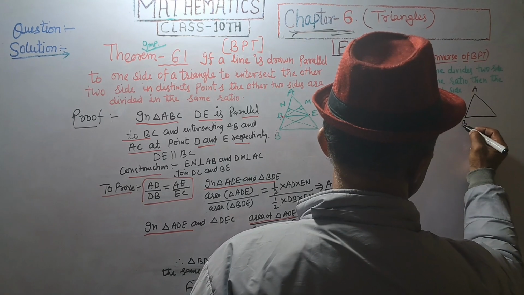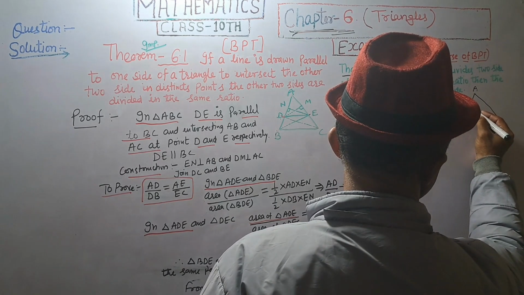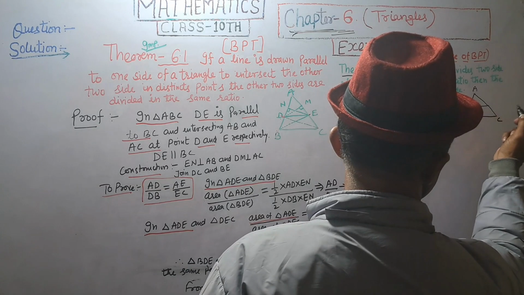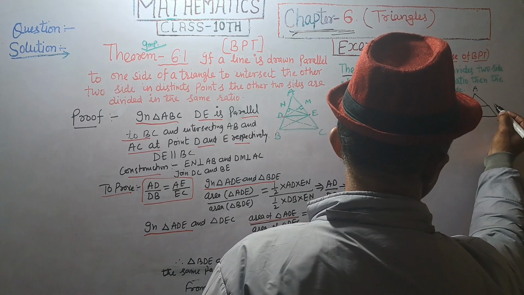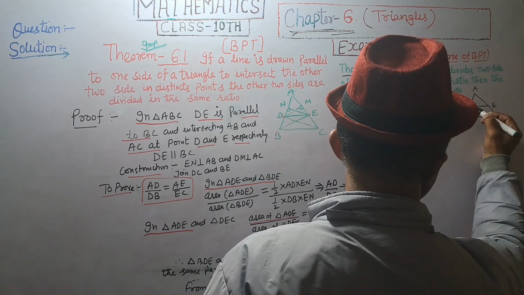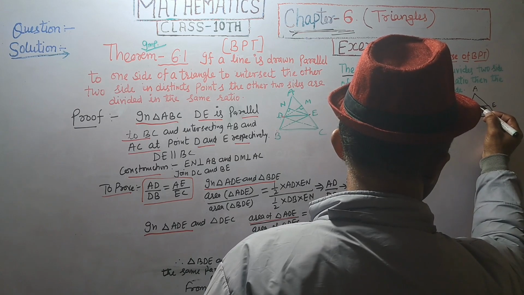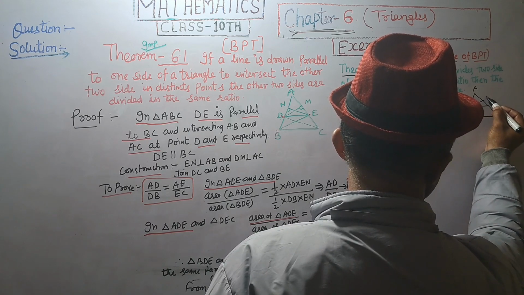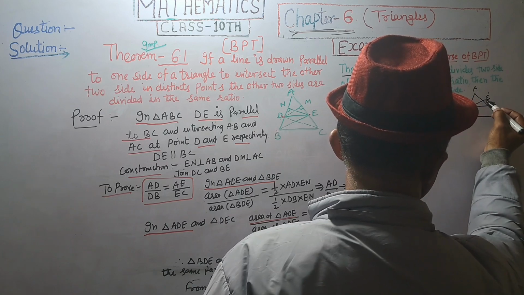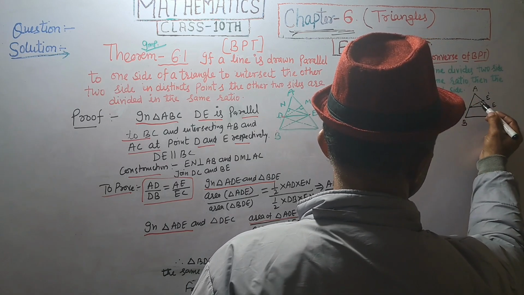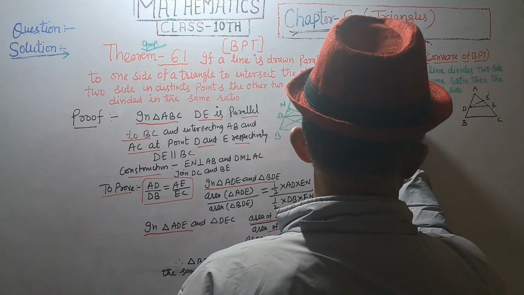Triangle A, B, C, with D, E. Construct DE dash.